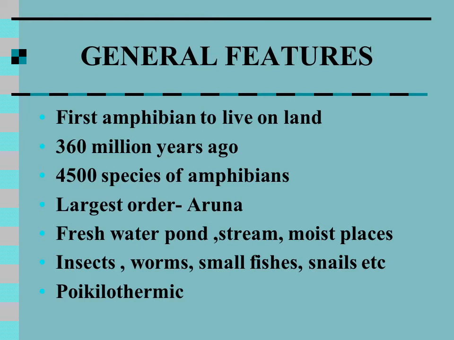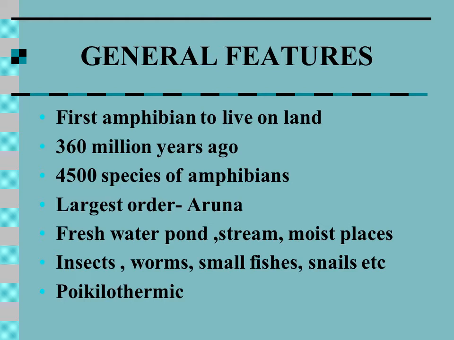The largest order of class Amphibia is Anura, which includes 3,900 species. Among the 3,900, frog is one of them. And about its habitat, it survives in fresh water, especially freshwater ponds, streams, as well as in moist places.